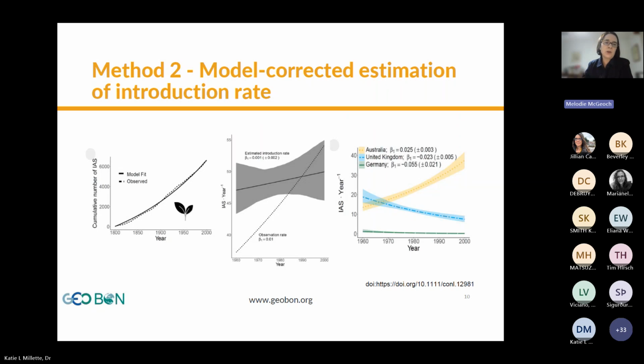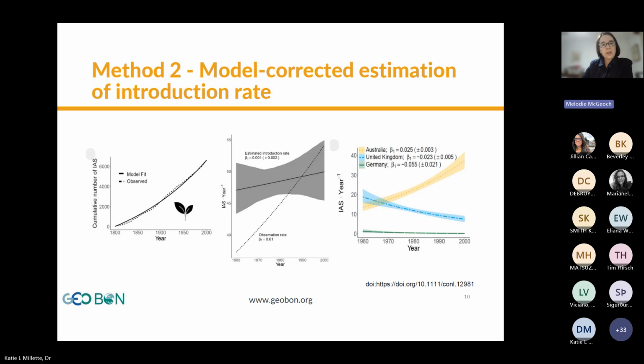So here's a worked example where we have actual data on the world's invasive alien plant species, and we have cumulative numbers of invasive alien species over time from 1800, and we have the observed in the dashed line and the model fit in the black line.